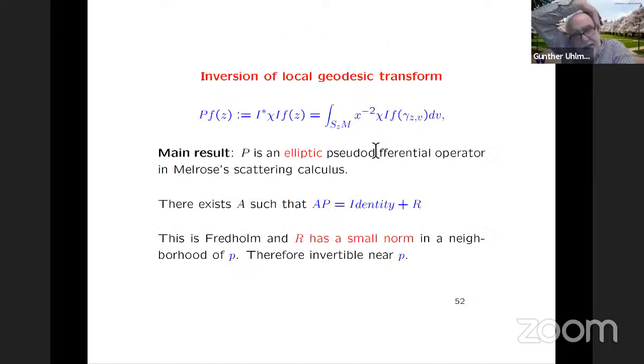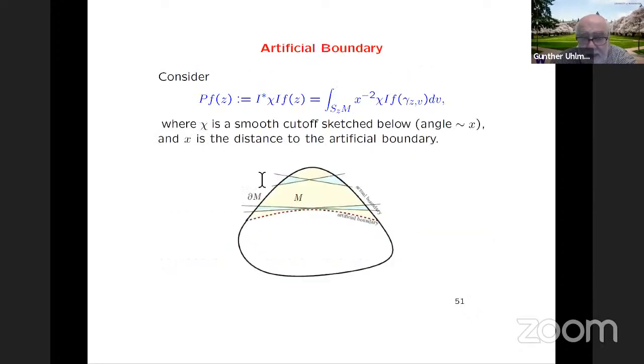And then the thing is to show there is a calculus, called the scattering calculus, which I will explain a little bit in a minute. This is the most technical part of my talk, but I think it's good to explain. It's an elliptic pseudo-differential operator, like we had before for simple manifolds, but this is in this calculus that deals with degenerate cases, where these cones are degenerating at the boundary.